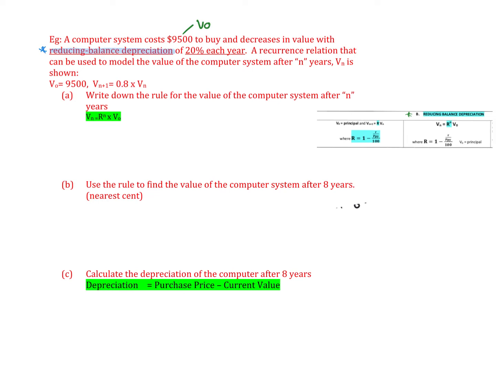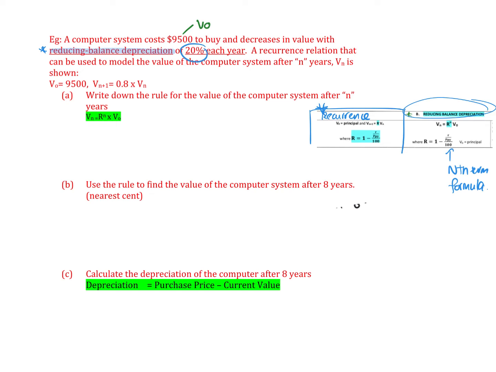So now that we know, on your formula summary sheet you'll be going to the reducing balance depreciation section. And remember, this is the recurrence formula box, and then this one is the nth term box. So this is what we'll use for the nth term formula. Anyway, it's reducing balance depreciation of 20% per year.